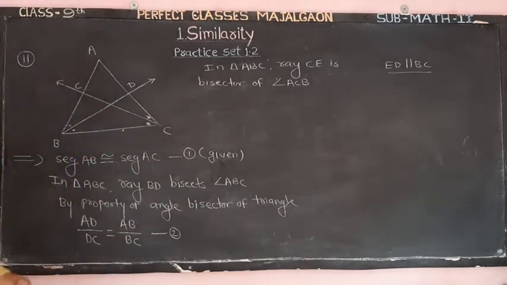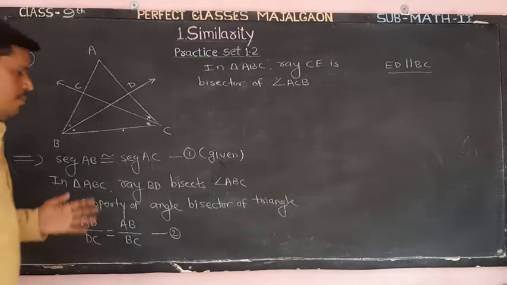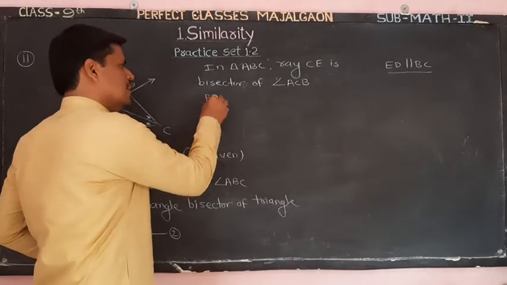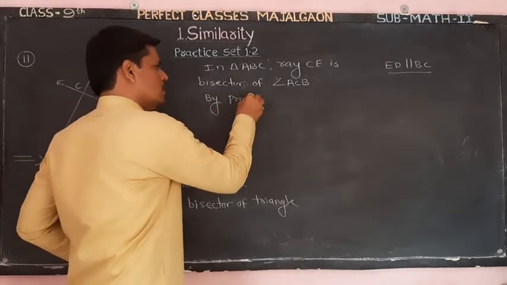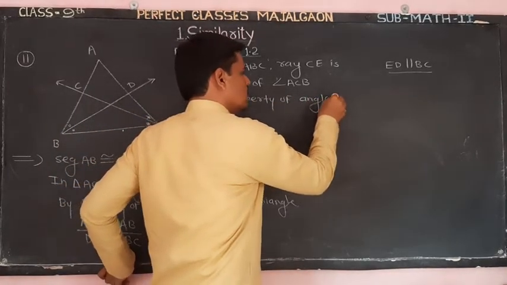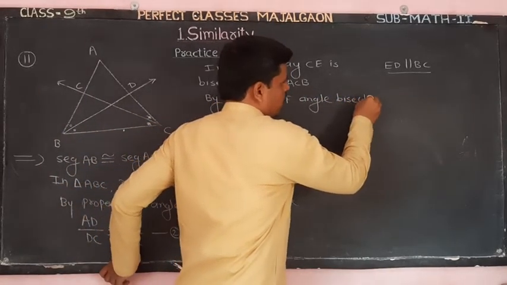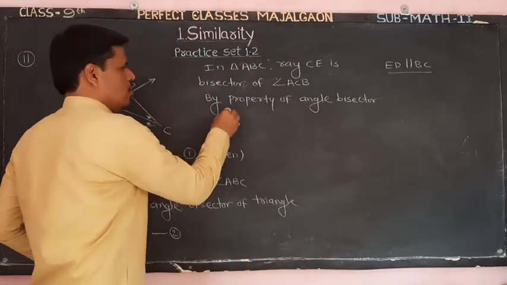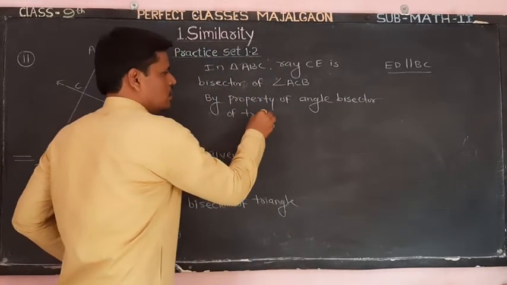Therefore, we will write here again, by property of angle bisector of triangle.